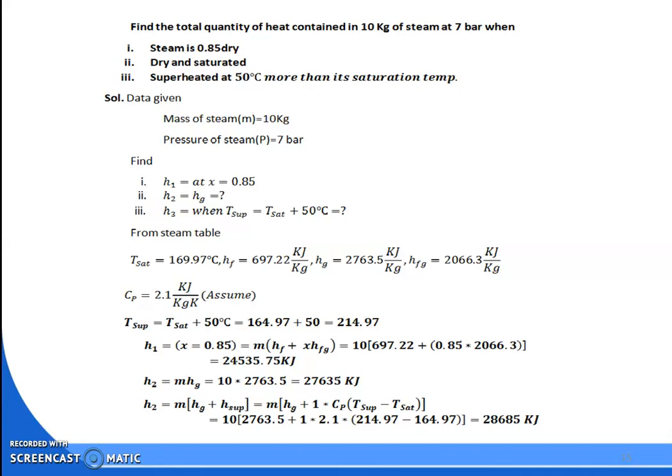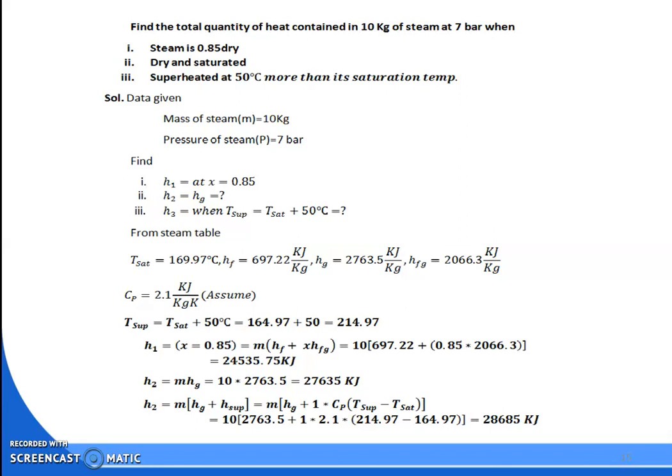Next, H3. H3 is equal to m into hg plus h super. For that, first of all, we have to find the value of h super, and for that we have to find the value of T super. T super is equal to T saturation plus 50, as given in the question. So T super is equal to 164.97 plus 50, that is equal to 214.97 degrees centigrade.